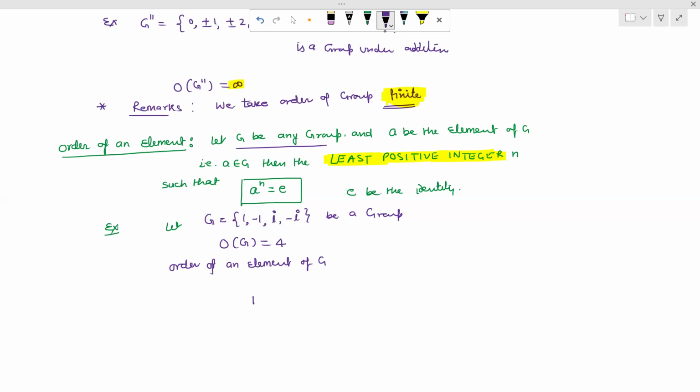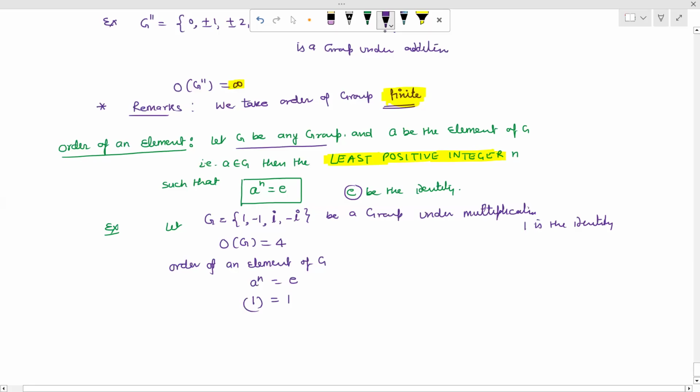G means the first element is 1. G is the group under multiplication, so you have to remember that under multiplication, the identity element is 1. You also remember this because e is the identity, so e equals 1. Now we consider the first element 1.